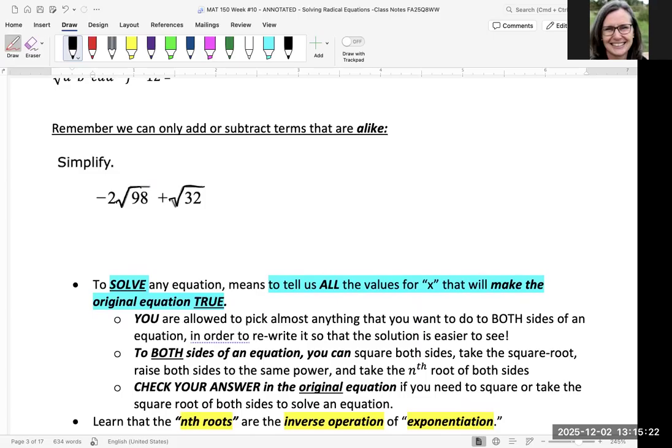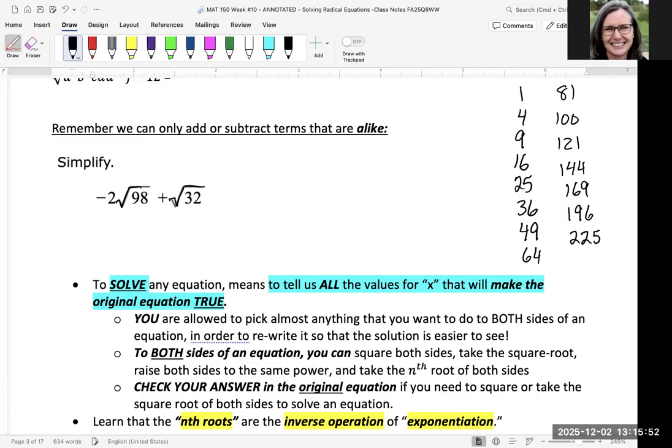So that means what is 1 squared, 2 squared, 3 squared is 9, 4 squared, 5 squared, 6 squared, 7 squared, 8 squared, 9 squared, 10 squared, 11 squared, 12 squared is 144, 13 squared is 169, 14 squared is 196, 15 squared is 225.